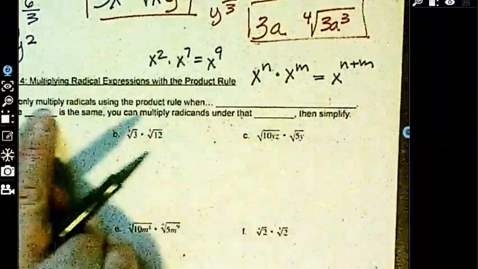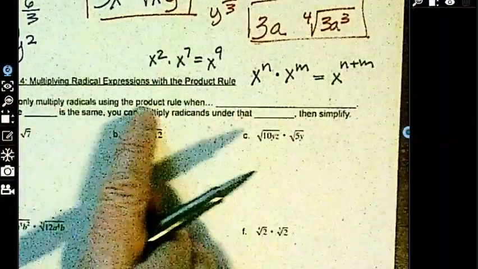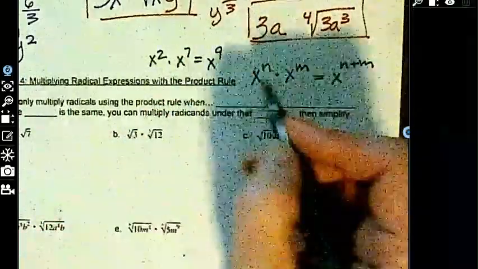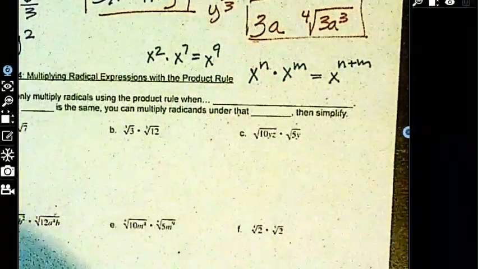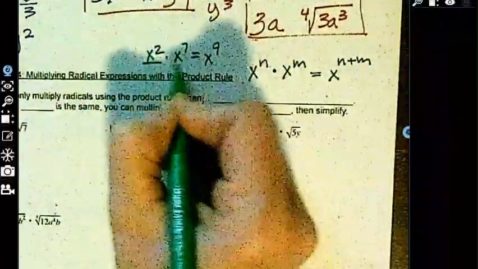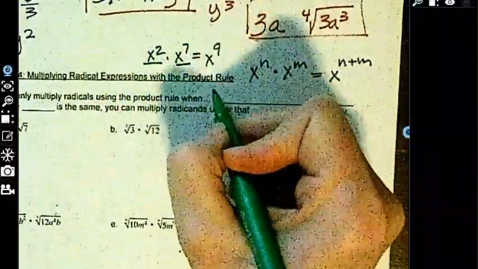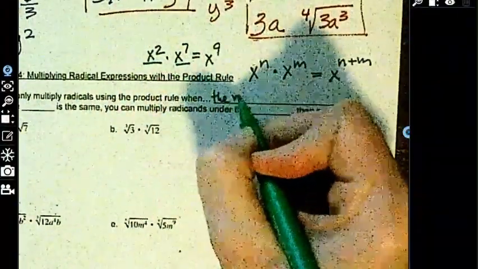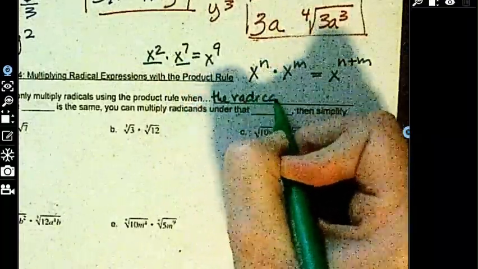But you can only multiply radicals using the product rule when the radicand is the same.